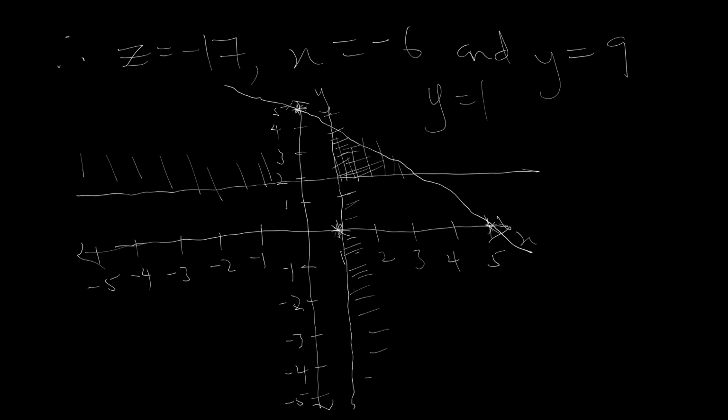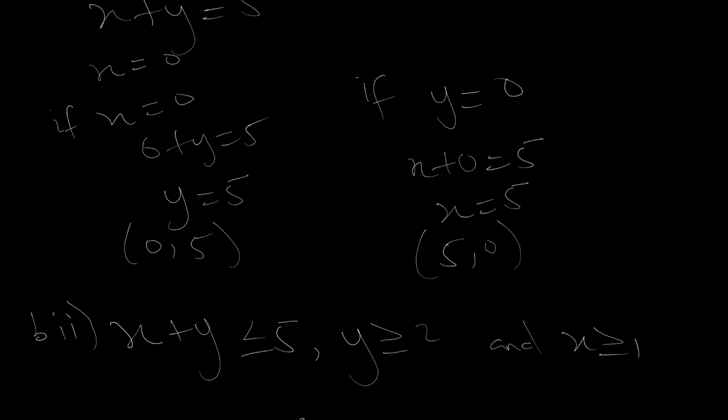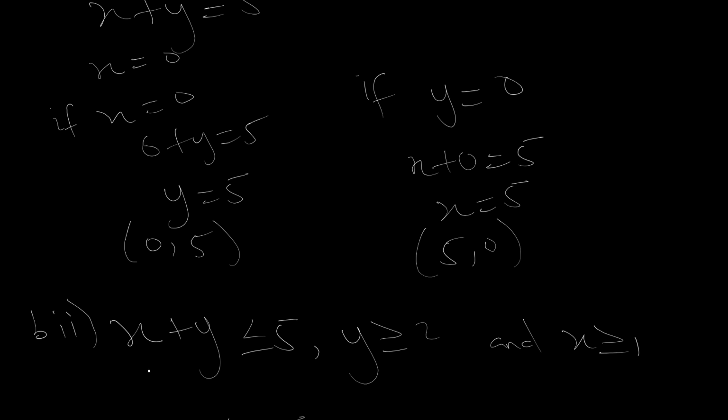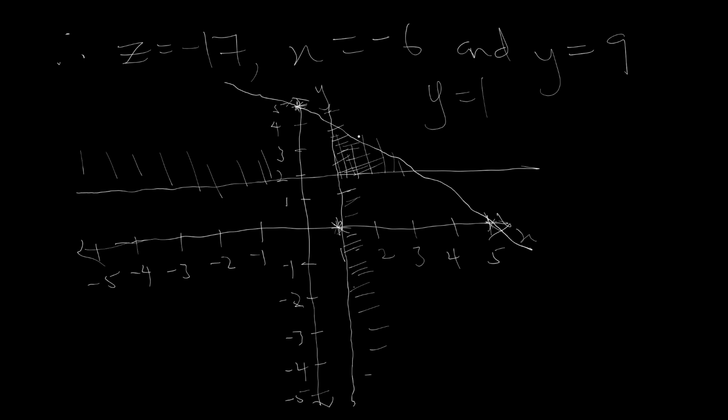But here we are being asked to find all values below the x plus y is equal to 5 line. And that's what this expression means. So this is the x plus y is equal to 5. So all values below this line.